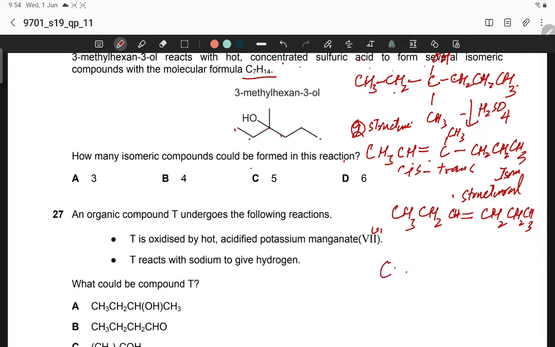Another possibility is CH3 CH2 C double bond CH3 H CH2 and CH3.